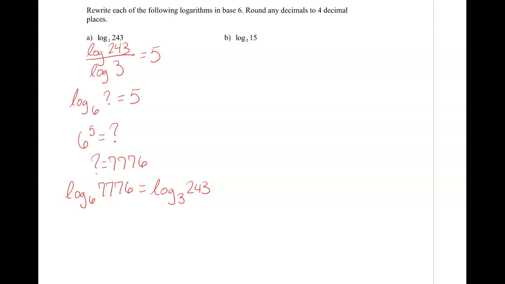Alright. The next one, I've got log base 5 of 15 that I need to change to base 6. So again, the first thing I'm going to do is use that change of base formula because we're trying to change the base anyway. So I should start with that change of base formula. So I've got log of 15 divided by log of 5.